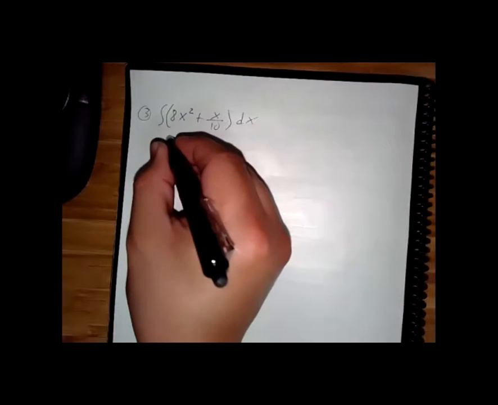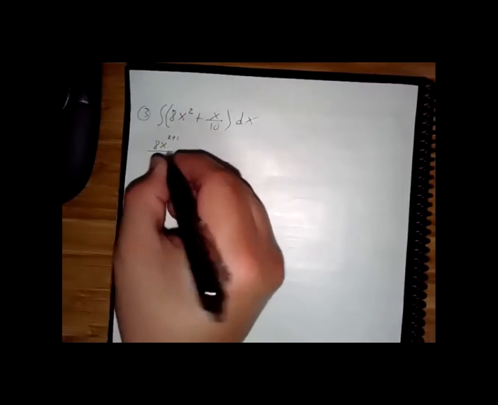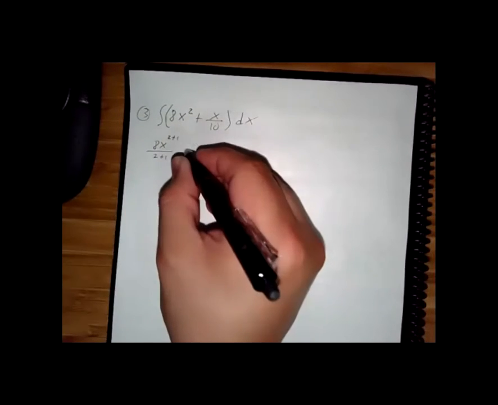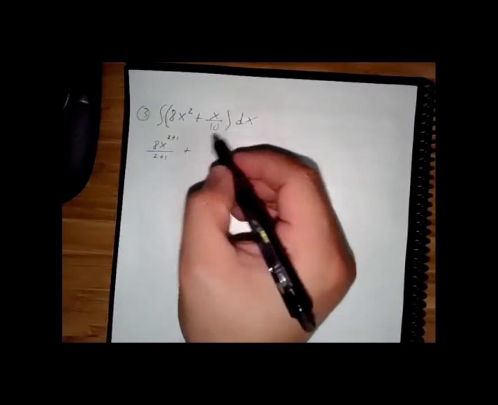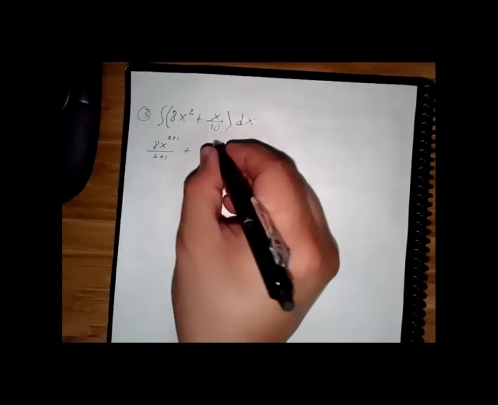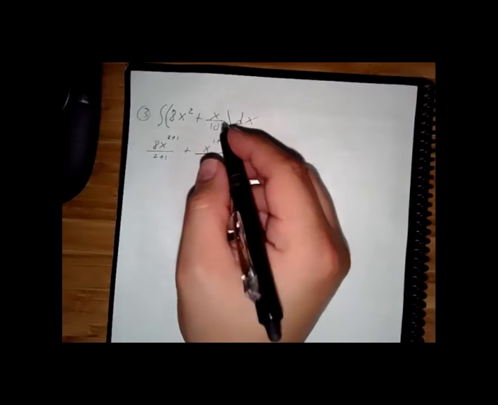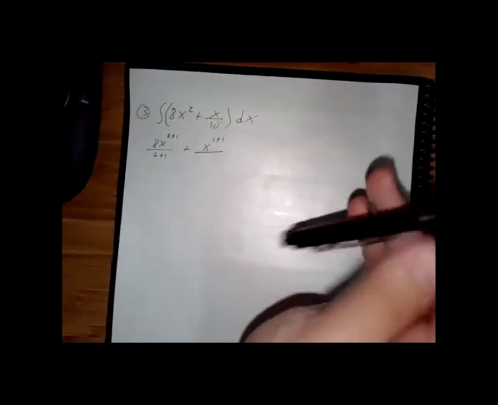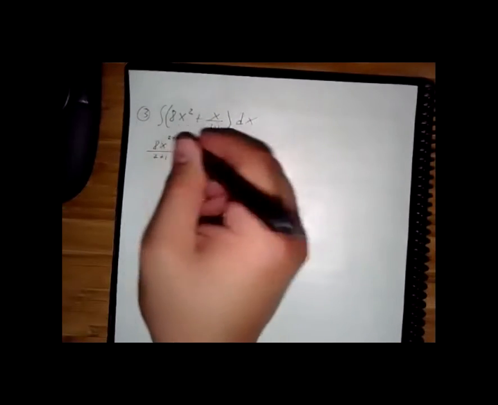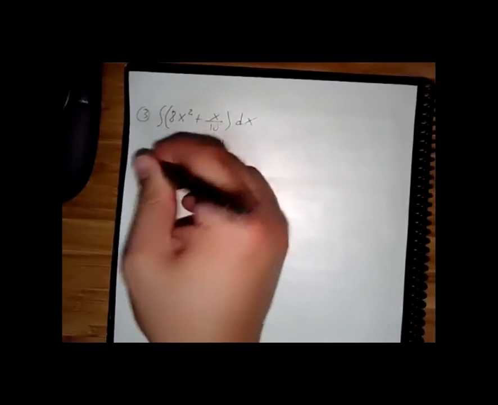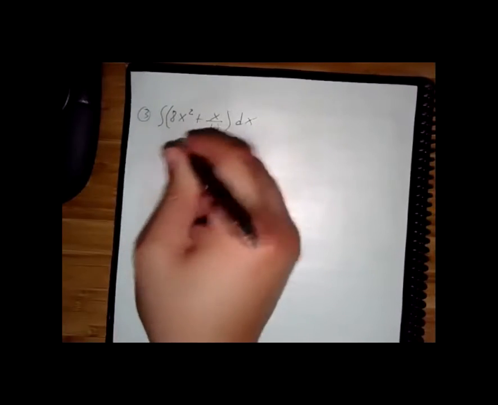So integrate this guy. That would be 8x to the 2 plus 1 over 2 plus 1. Integrate this guy, you'll get x to the 1 plus 1 over. So that 10, you know what, let me show an extra step just in case, so it's not weird.